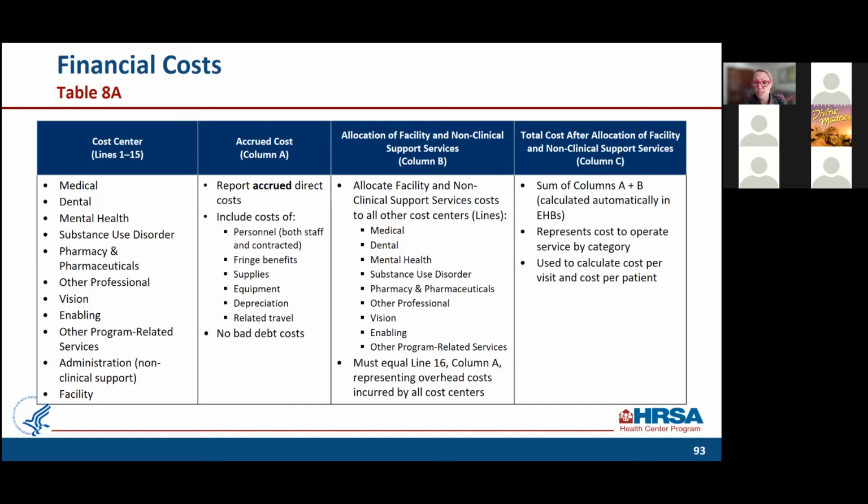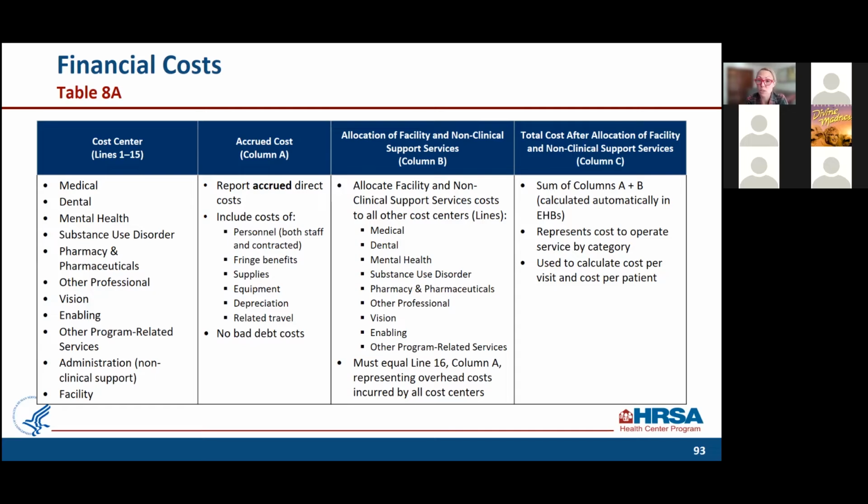And the distribution of costs allows the program to better identify how its resources are consumed, individually and collectively. There are 21 cost centers on table 8A, which gives a thorough description of how the resources are spent across the health center to provide the health center services. Column A is where you'll report the accrued costs for each cost center.